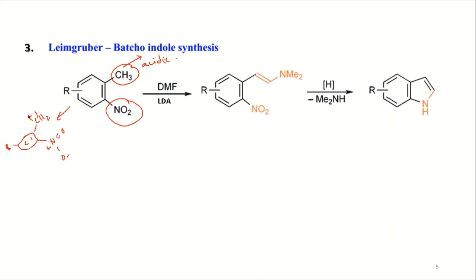Okay, so this can be stabilized. Now what is happening, you have DMF, so this carbon can react with DMF. DMF is N,N-dimethylformamide. So you have this formyl group, so that can do a condensation reaction.